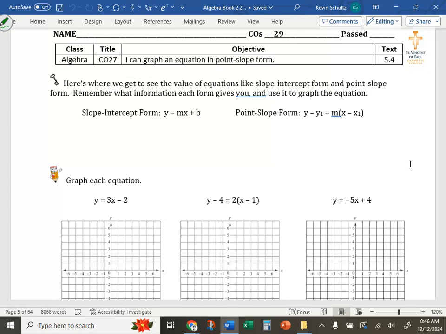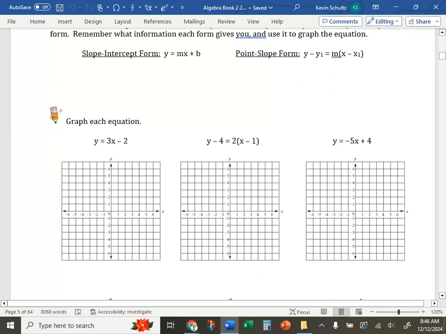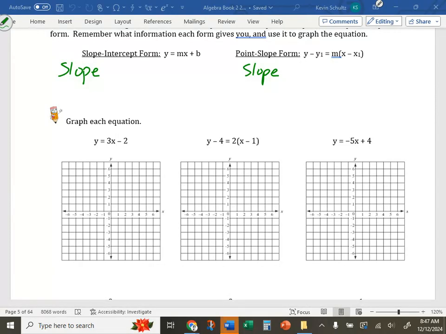Remember the difference between slope-intercept form and point slope form? They both give you the slope, but how do they differ? Slope-intercept form, the point is always the intercept.